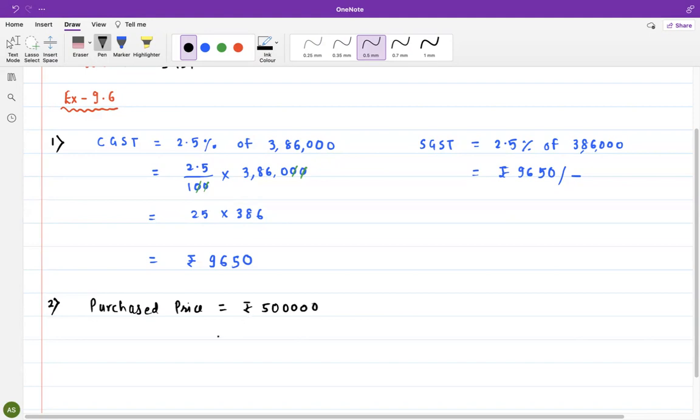And sold them to customers, so the selling price is rupees 5,90,000. Find the amount of GST payable and the amount of ITC. 5% GST is applicable. So it is given that 5% is the GST.